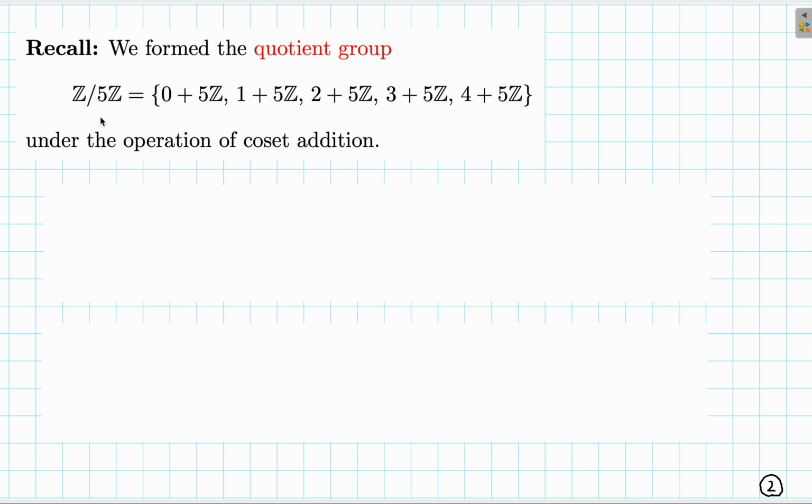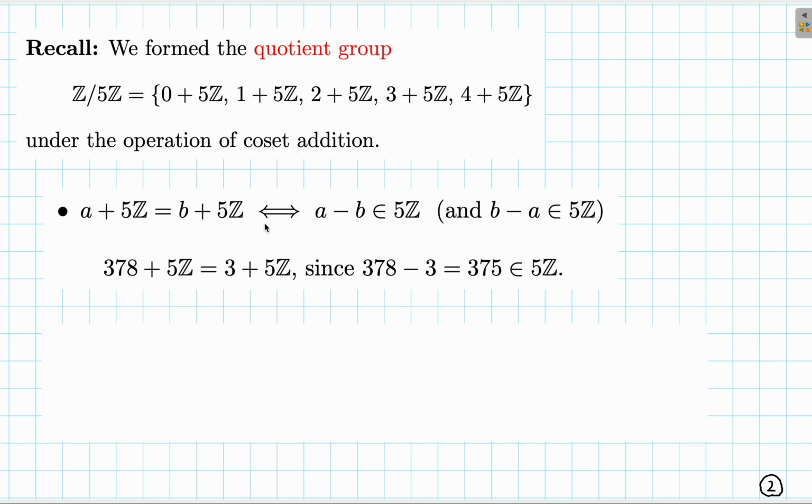Recall that we've formed a quotient group Z mod 5Z, consisting of the cosets 0 plus 5Z through 4 plus 5Z under the operation of coset addition. Here are some essential properties of these cosets. First, cosets a plus 5Z and b plus 5Z are equal to each other if and only if the difference of their coset representatives, namely a minus b, is contained in 5Z.